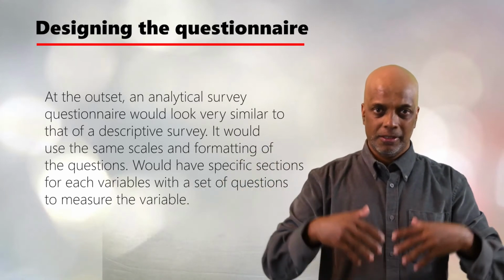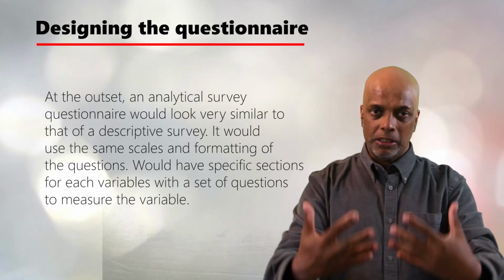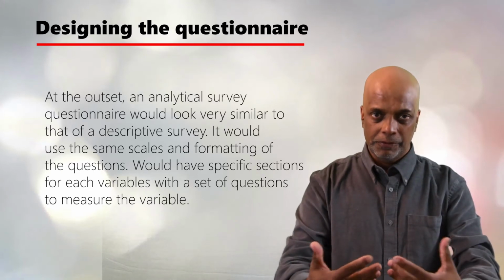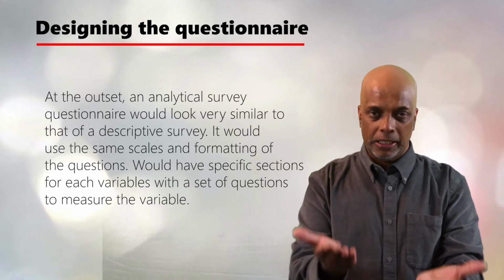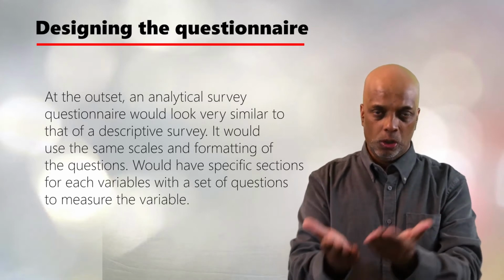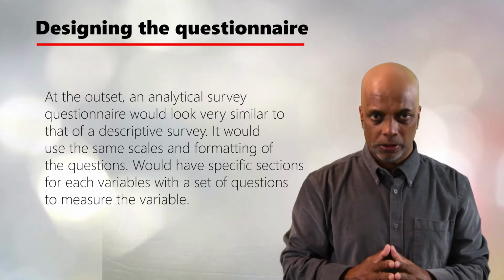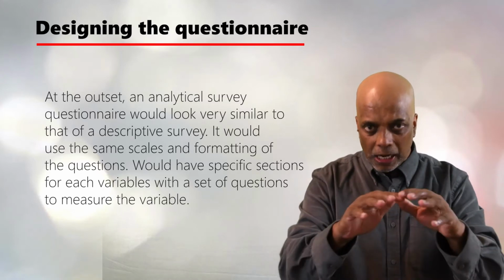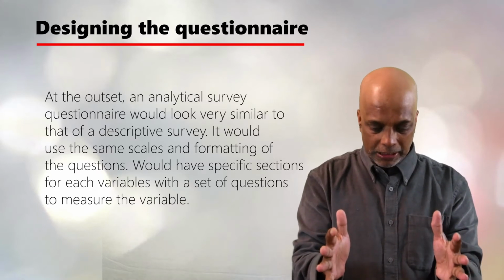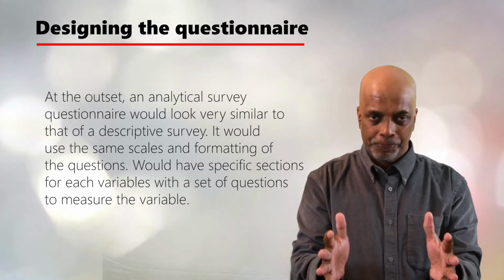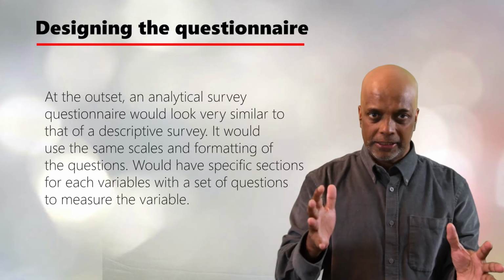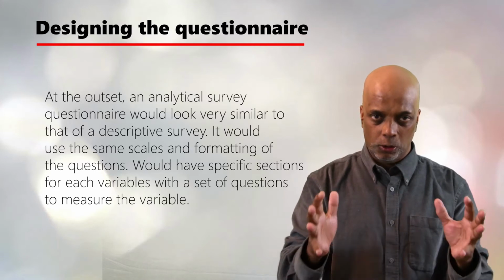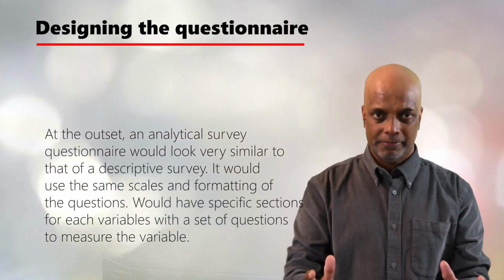Or your questionnaire may even have items which tell you a binomial condition. Yes, no, present, absent, and so on. So at the outset, when you look at this, both the descriptive surveys and analytical survey questionnaires would look very similar.